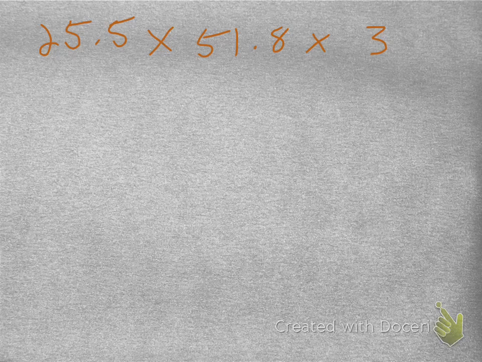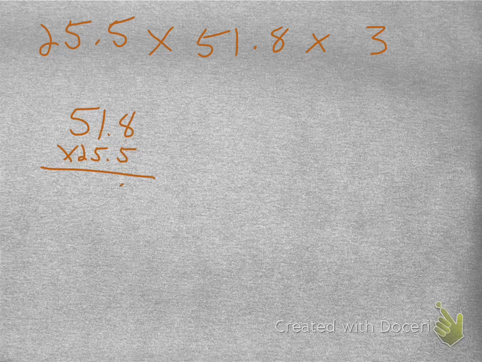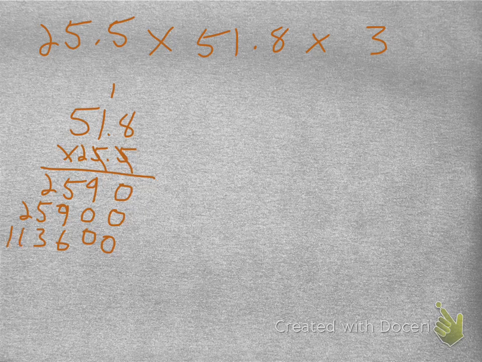All right. So, if we said 51.8 times 25.5, you get 1,320.9.